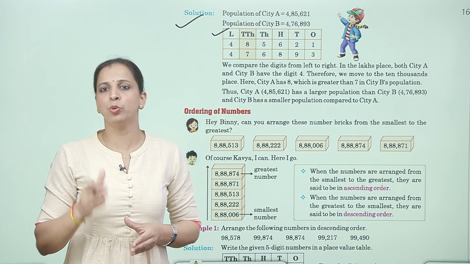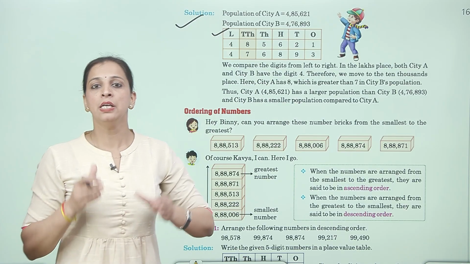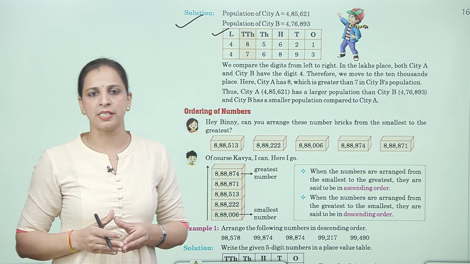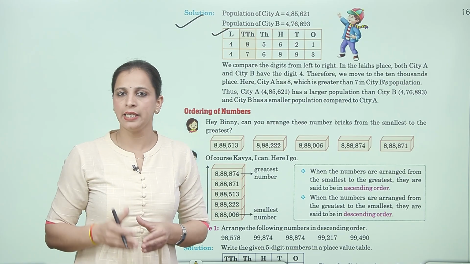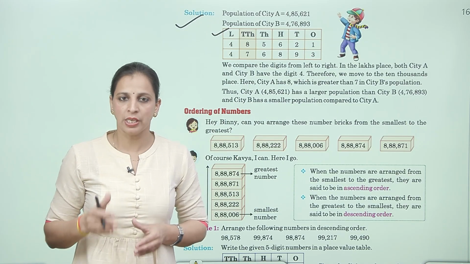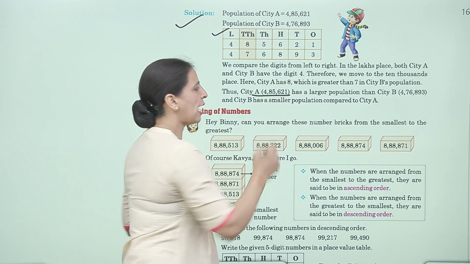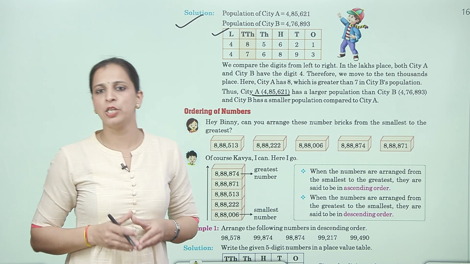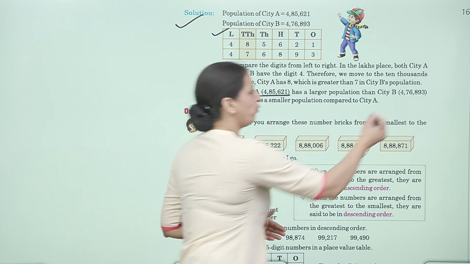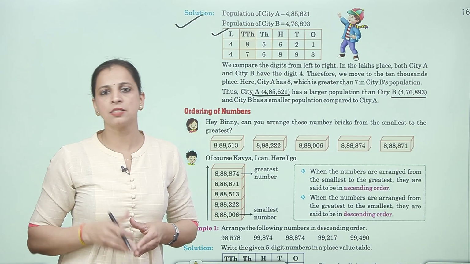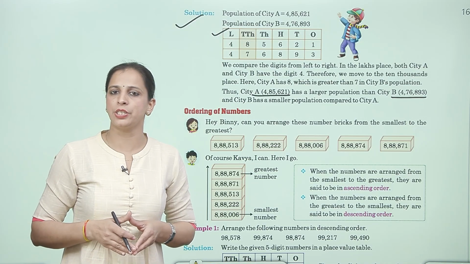In the lakhs place, both city A and city B have the digit 4. Therefore, we move to the 10,000s place. Here, city A has 8, which is greater than 7 in city B's population. Thus, city A, 4,85,621 has a larger population than city B, that is 4,76,893. And city B has a smaller population compared to city A.